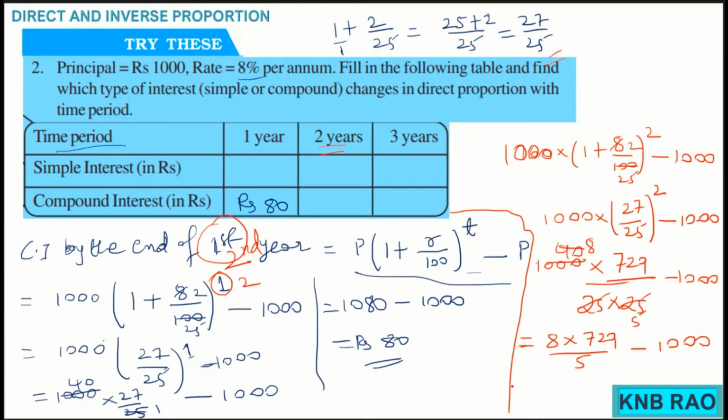So you know how to multiply, 8 into 729 gives 5832 upon 5 minus 1000.